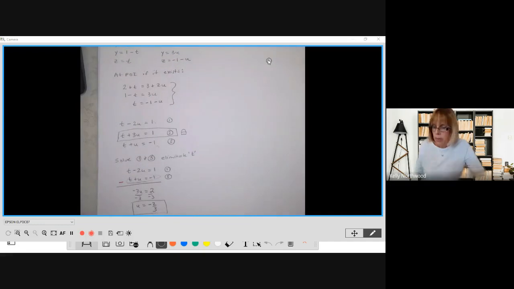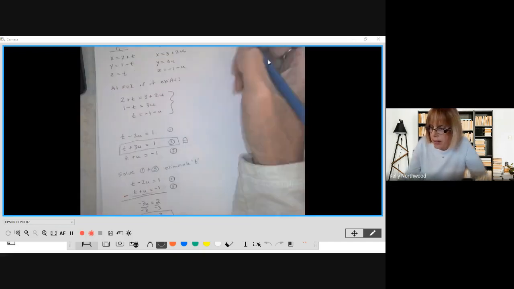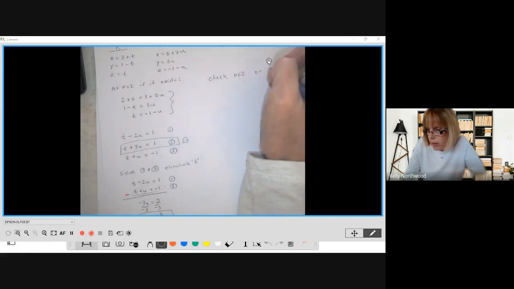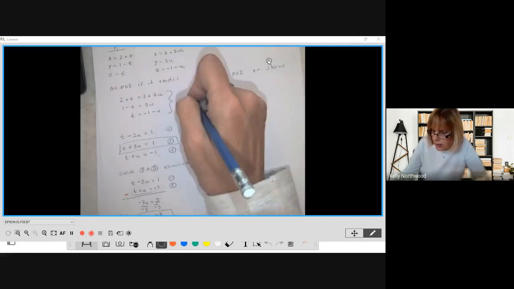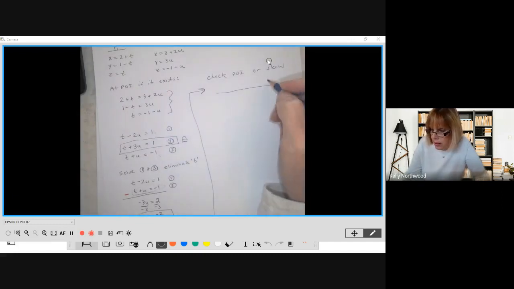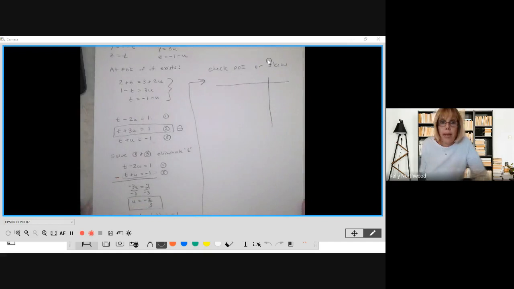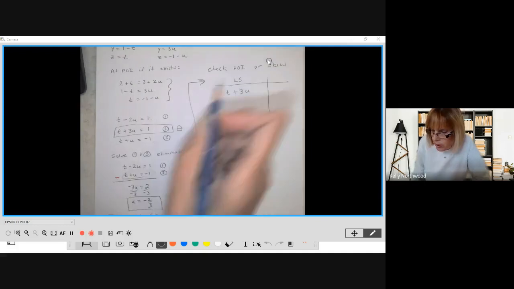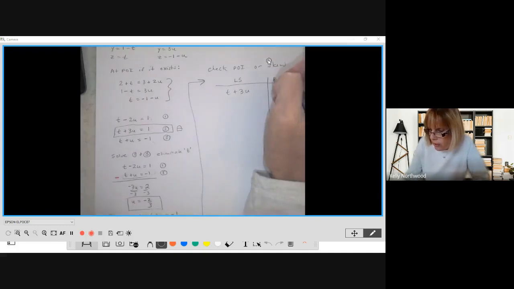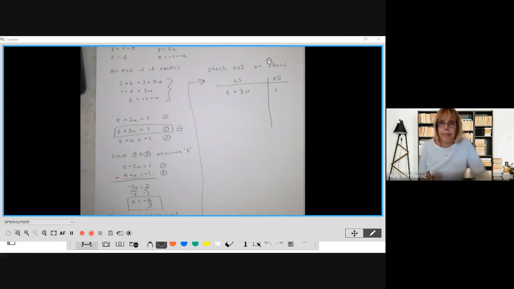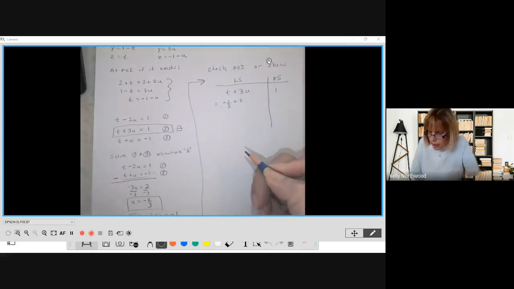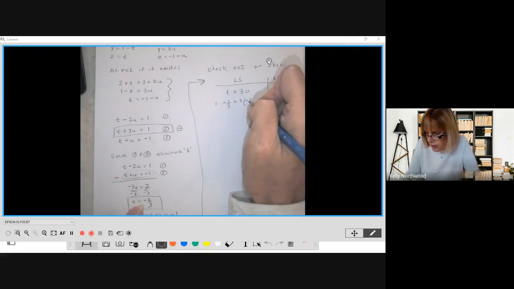Okay, so now we're going to check whether we have a POI. Check POI or skew. So I'm going to come up here and do that check. On my left side of equation 2, I've got t plus 3u. And on my right side of equation 2, I've got 1. And the t I got was -1/3. And the u I got was -2/3.